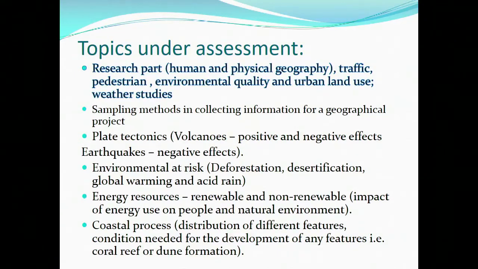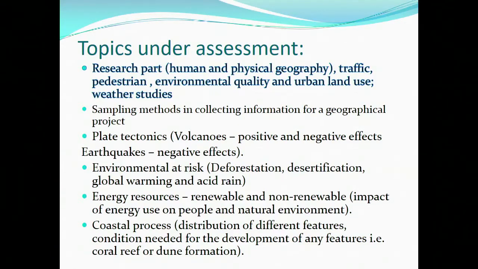Right, topics under assessment. It's not all of the topics, but I put most of the crucial topics that are being touched, and you must at least prepare them for either the April or August or November examination.